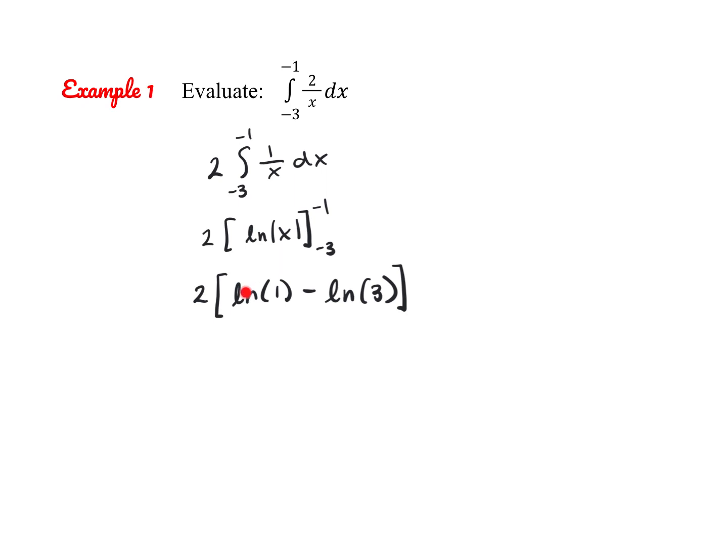So here we can use one of our properties of logarithms. We'll use the quotient property to rewrite this as 2 times the natural log of 1 over 3. And then we'll use our power property to rewrite this as the natural log of 1/3 squared. So our final answer would just be the natural log of 1/9.